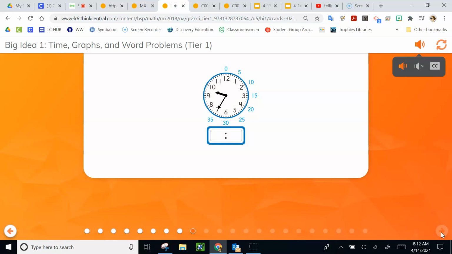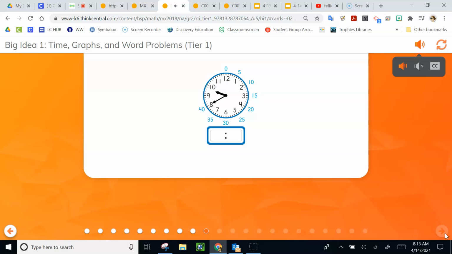What time is it now? Tap or click the clock to check your answer. It is 9:35. What time is it now?